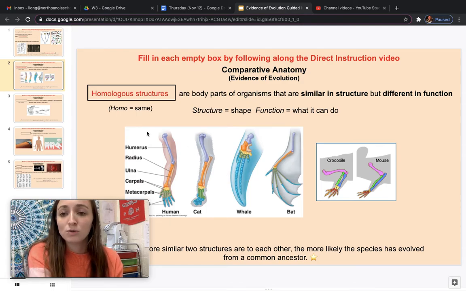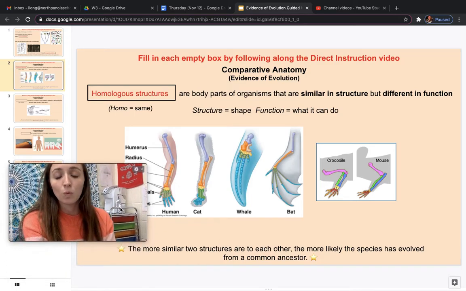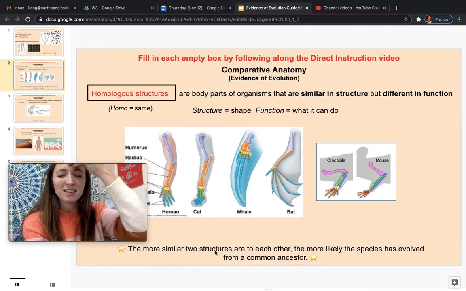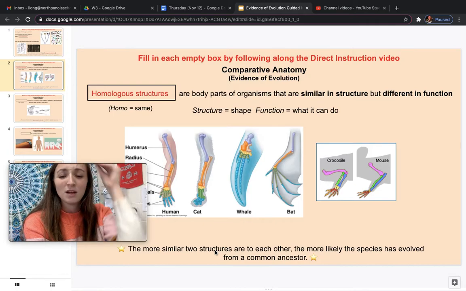So when we see homologous structure, we think homo. Homo means same. So same structure. Homo, structure. So they are similar in structure. One key thing that I want us to take away from today, if you remember anything at all from today's lesson, remember this.